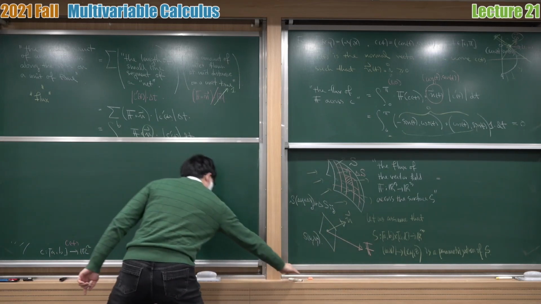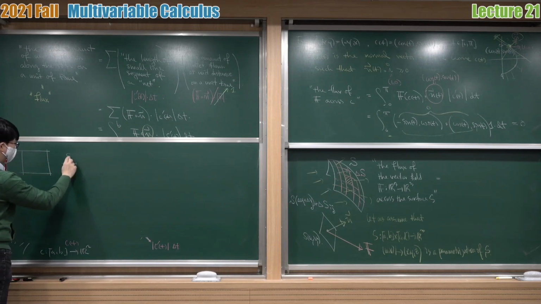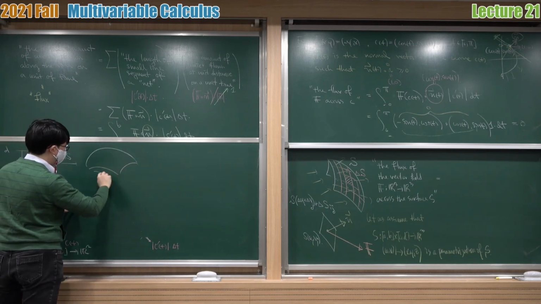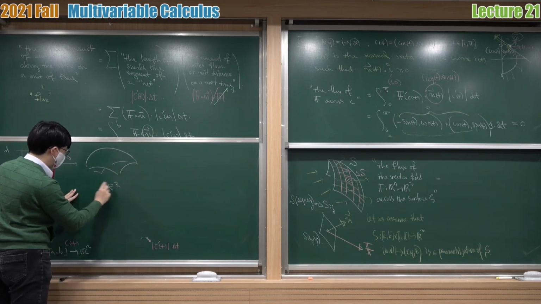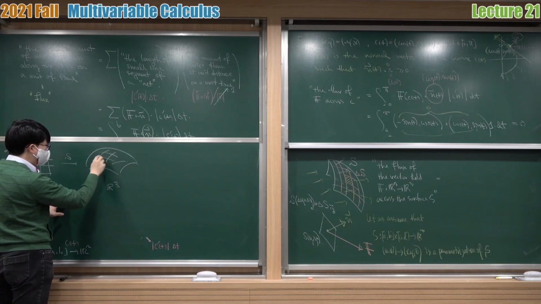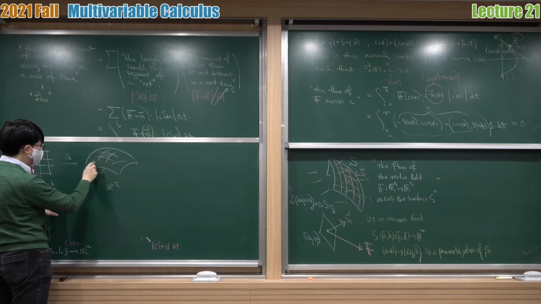So this S is a map from the two-dimensional uv plane, from A, B, C, D, to three-dimensional space, R3, in x, y, z coordinates. And if we take the small portion of this, let's say this is u_i and this is v_j, this rectangular portion is one-to-one mapped to this portion, which is delta S_ij.